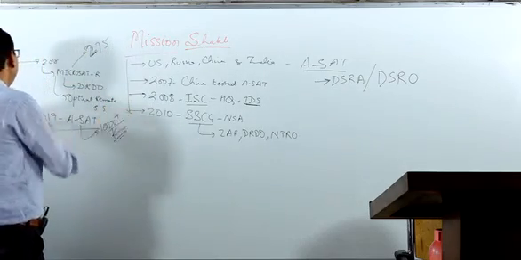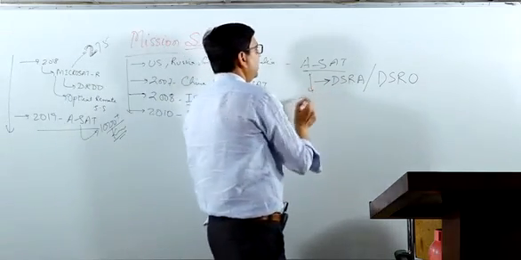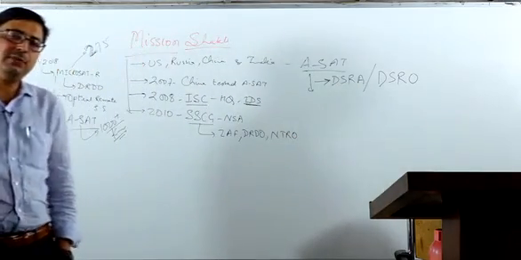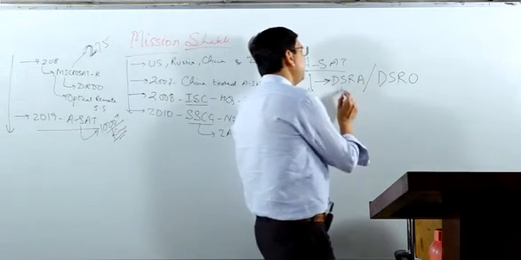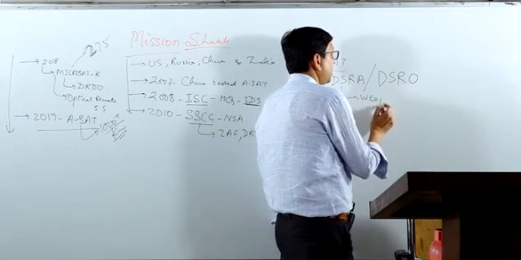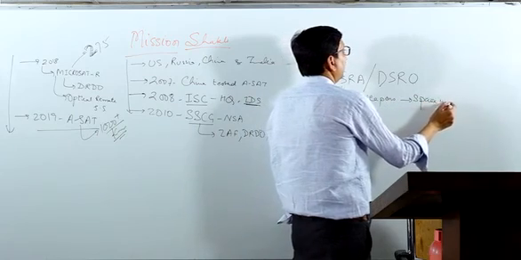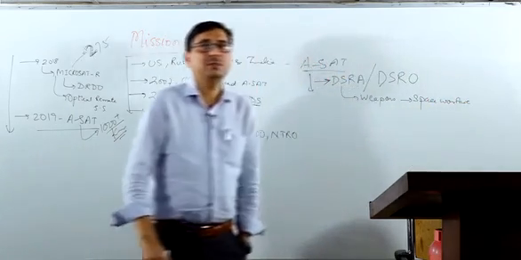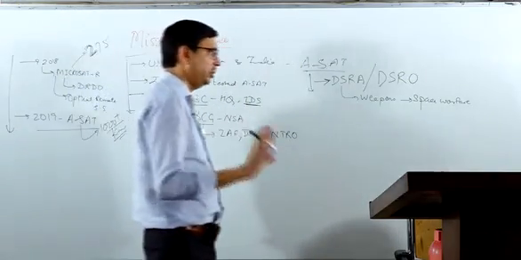It was created in April 2019. DSRA, you can say it's a fusion of ISRO and DRDO. What is the job? It will develop the weapons for space warfare. To fight the space war, isn't it? That is the job of DSRA, in short.